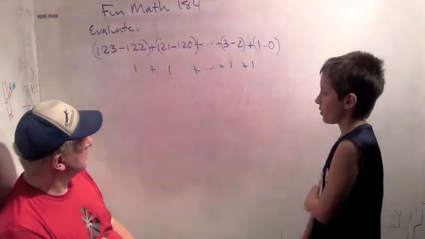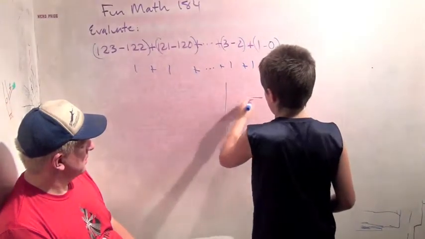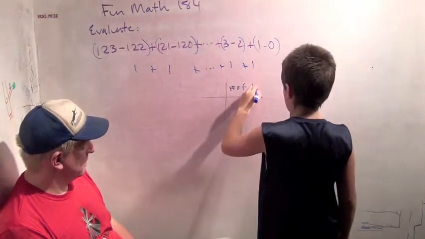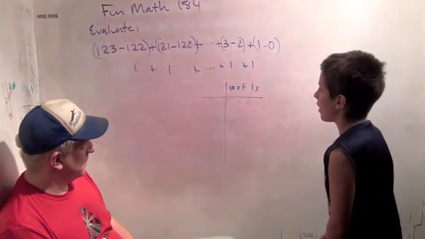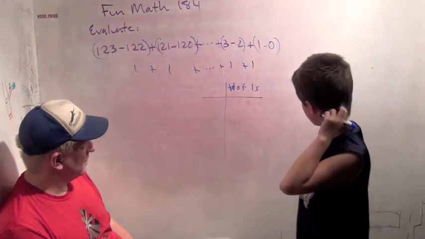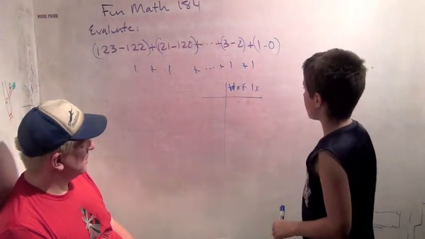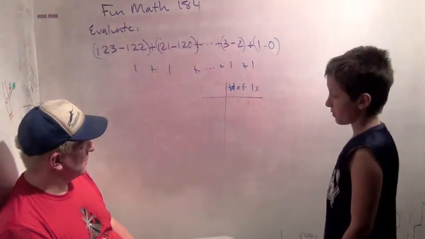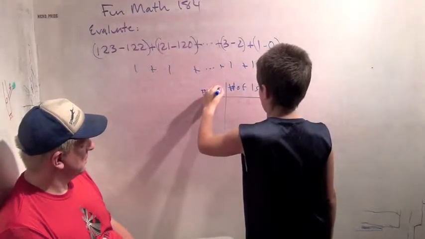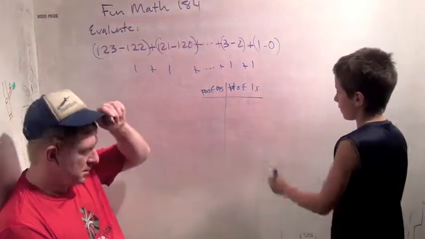Well, we can make a chart. The number of ones compared to the number of numbers there are. Okay.